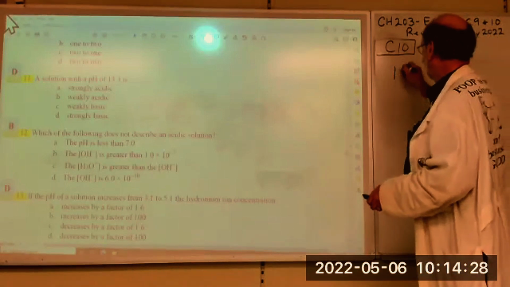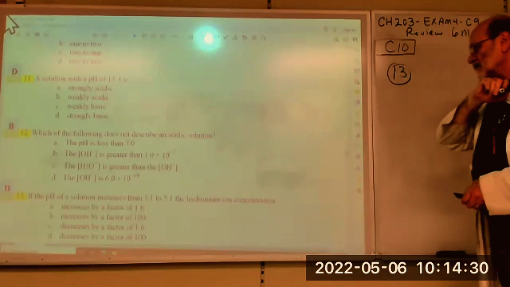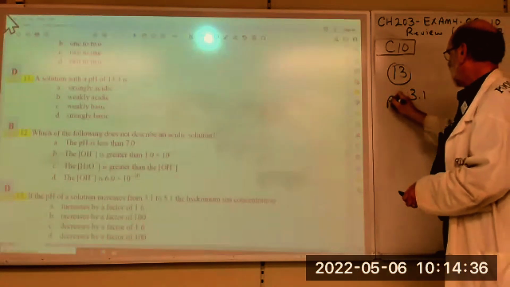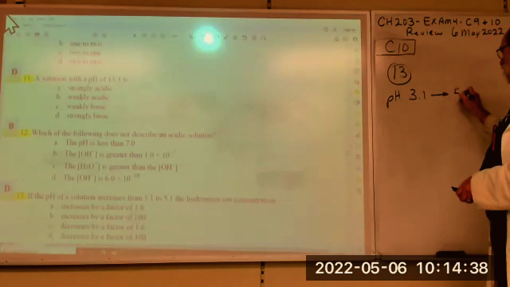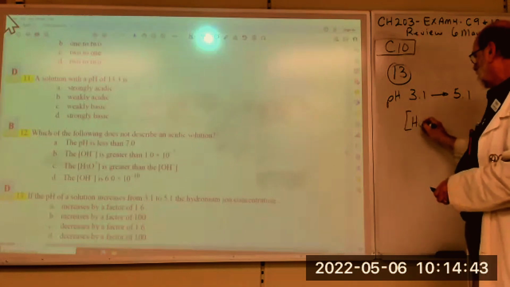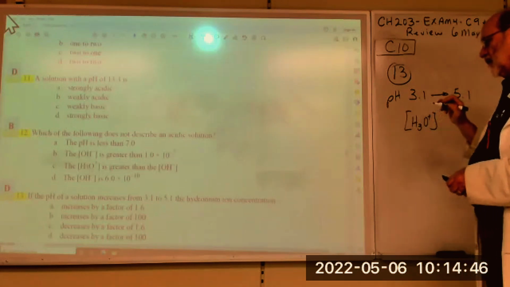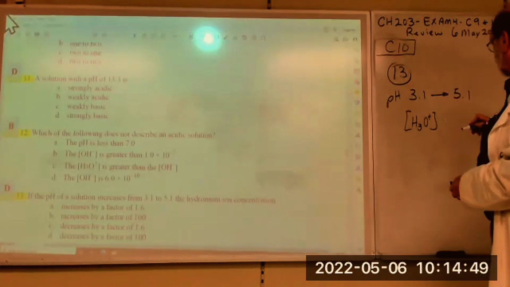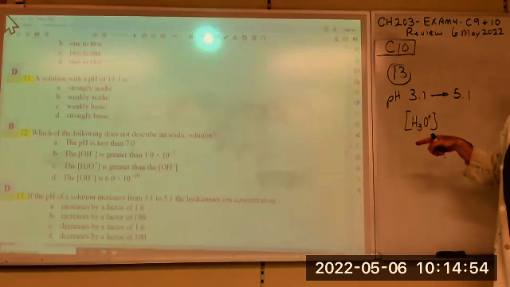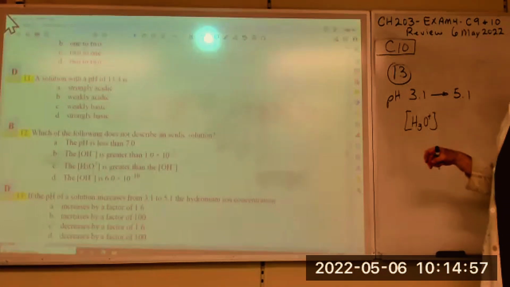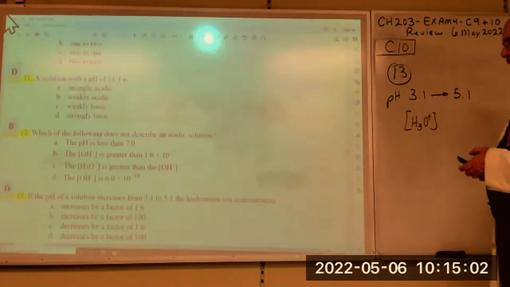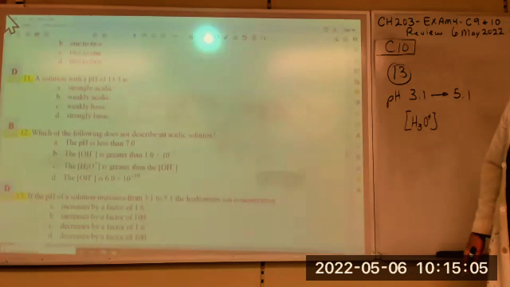How about 13? If the pH of a solution increases from 3.1 to 5.1, the hydronium ion concentration increases or decreases. If you go from pH 3 to 5, it's less acidic. So it's going to be a decrease in hydronium. Right? So that means A and B are gone. Don't even have to look at them.